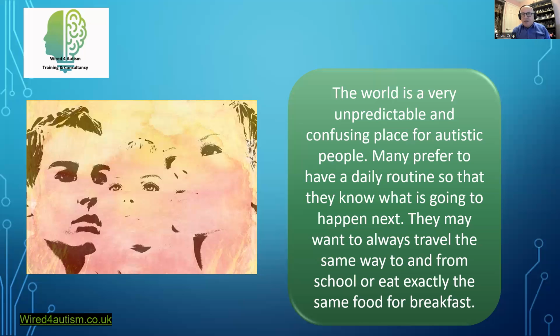You don't have to have the same thing for breakfast, and a neurotypical person will adapt to that fairly quickly. An autistic person may find that very, very difficult, because there's comfort in that sameness. If you don't have the same food for breakfast, what do you have? You're on holiday at a hotel, you might have almost limitless choice of food for breakfast, and too much choice can be totally overwhelming for autistic people.